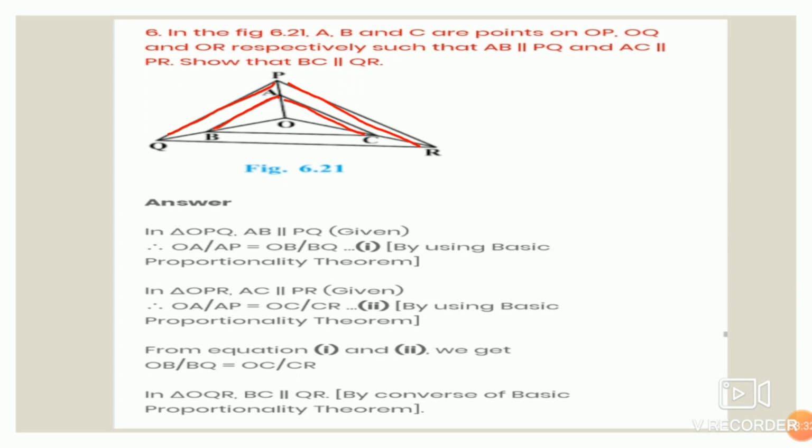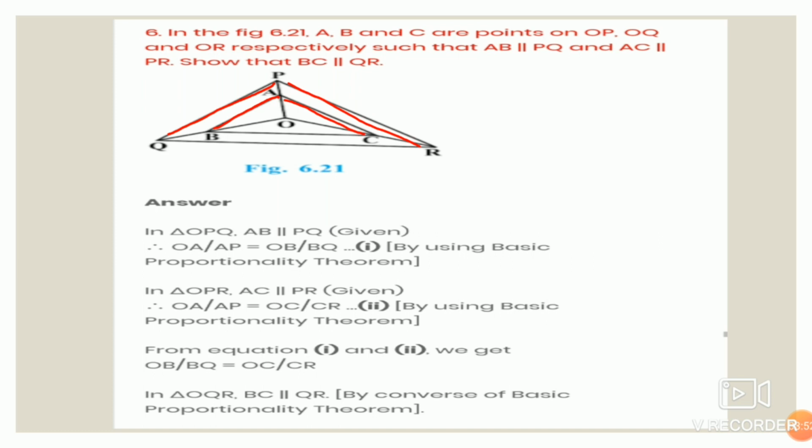By equation 1 we can say OA by AP is equal to OB by BQ, and by equation 2 we can say OA by AP is equal to OC by CR. When we compare equation 1 and 2, what do we get?